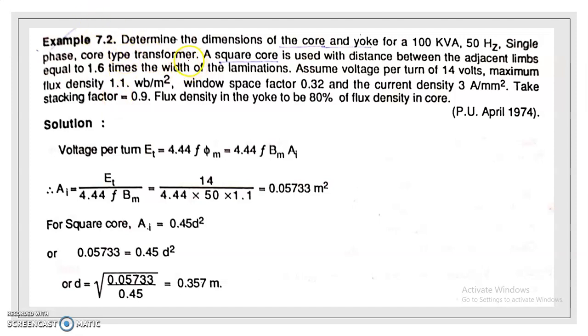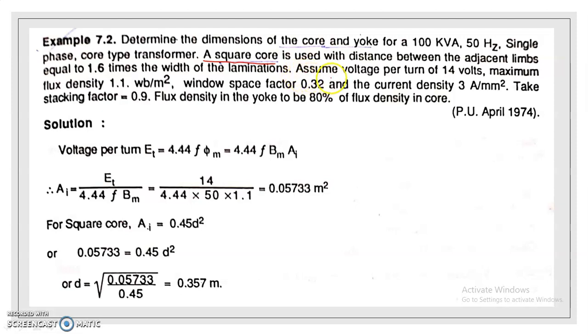So you have to utilize the relation of dimension for single phase core type transformer. Next part is also important, that define a square core. A square core is used with distance between the adjacent limbs equal to 1.6 times the width of the lamination. It is nothing but the relation between AI and AGI.